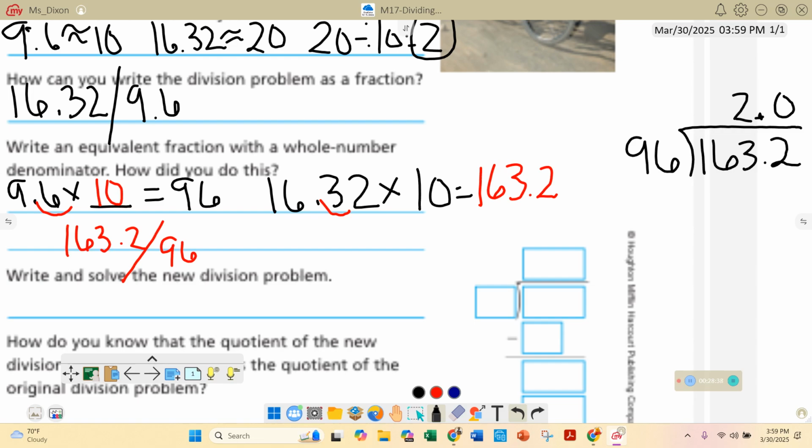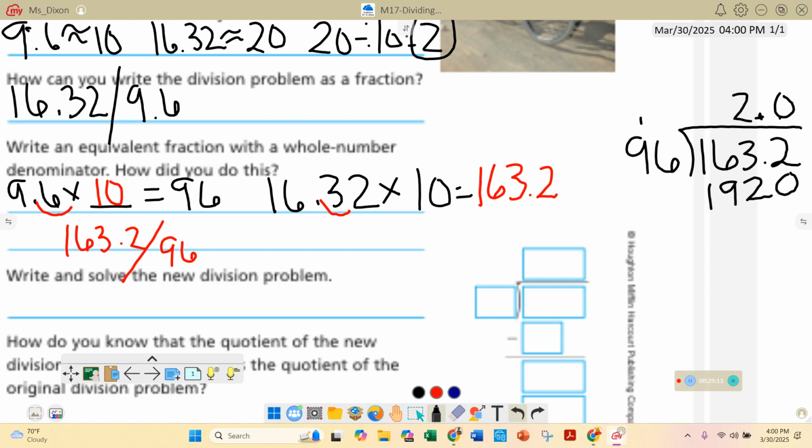All right, so we want to multiply 20, because we're going to think of this as a whole number, times 96. All right, we know we need 1 0, and then 2 times 6 is 12. Regroup that 1. 2 times 9 is 18, plus 1 is 19.